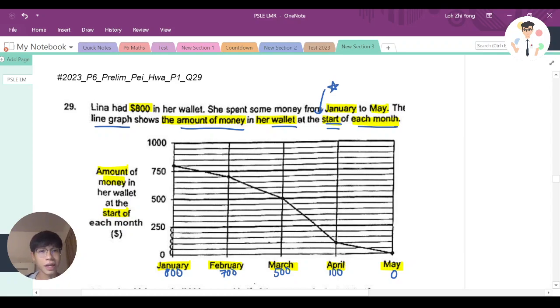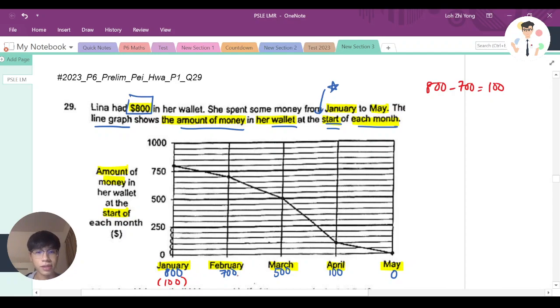So January of 800 means that you haven't spent any money yet. But when it comes to February, she only has 700 left at the beginning, which means that 800 minus 700 is 100. And this 100 was actually spent in January. Okay?